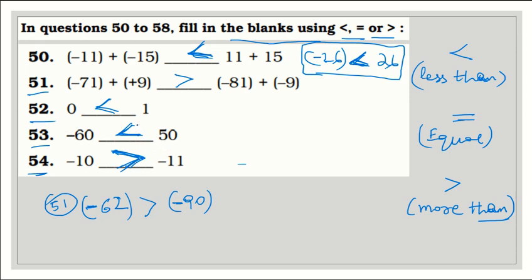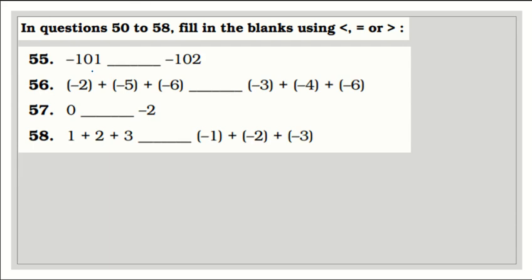Next, coming to the 55th question. Here minus 11 is on the right side of minus 2, which is close to 0. So that is why it is greater. Then coming to the 56th question, again we have to do simplification. In question number 56, the sum of these three negative integers is negative only, and they are added without considering their sign. 2 plus 5 is 7, 7 plus 6 is 13.